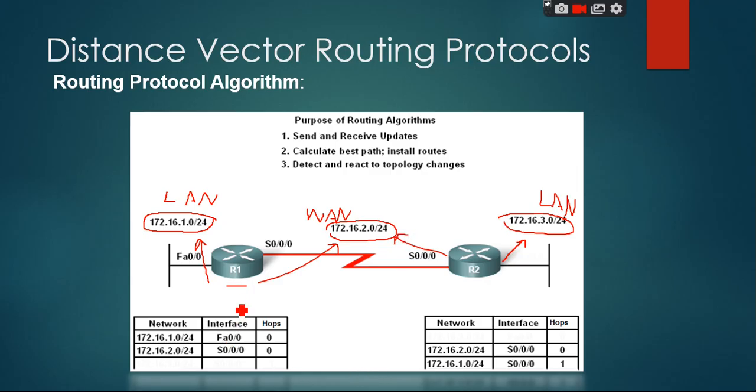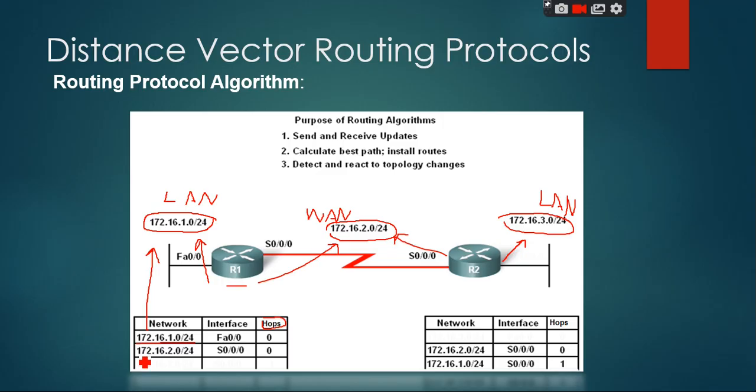If you look at the routing table of R1, it will have an entry saying that 172.168.1.0/24, which is this one, is connected to FastEthernet 0/0, and in order to reach this network, the hop count, meaning the number of routers, is 0 because it's directly connected. If a network is directly connected, the number of hops required to reach that network will be 0.